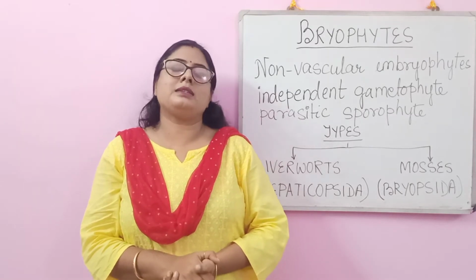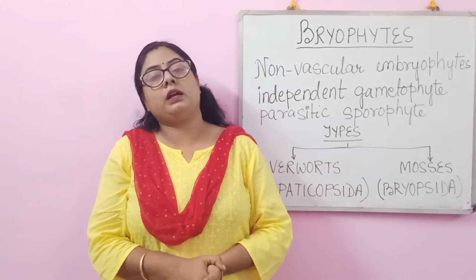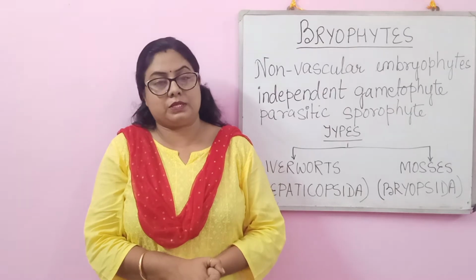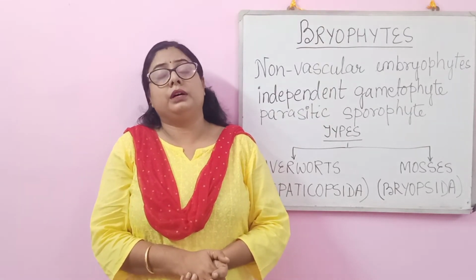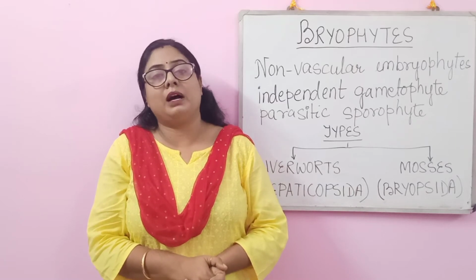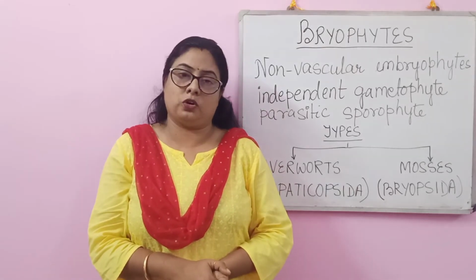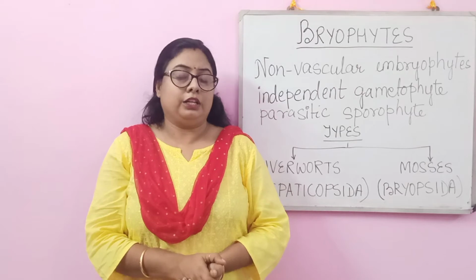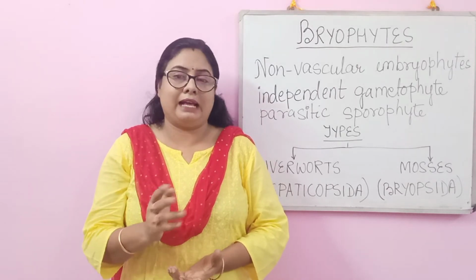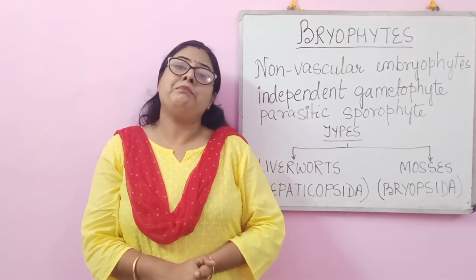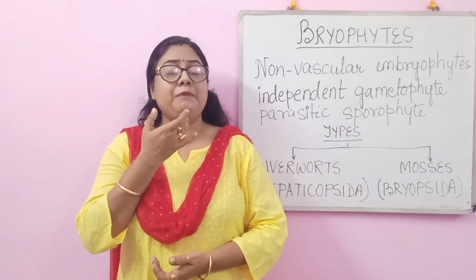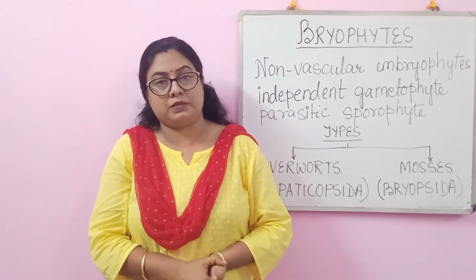Now let us discuss the life cycle of liverworts. As I said, the liverworts have multicellular jacketed sex organs known as the archegonium and antheridium. Antheridium is the male sex organ and produces antherozoids.